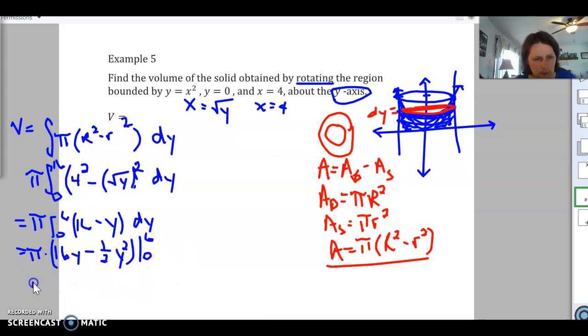Okay, so let's plug in 16, minus 16 squared is going to be 256 over 2. And then solving all of that, make sure I have the right answer here. Yep, we look good. We should have 128 pi.